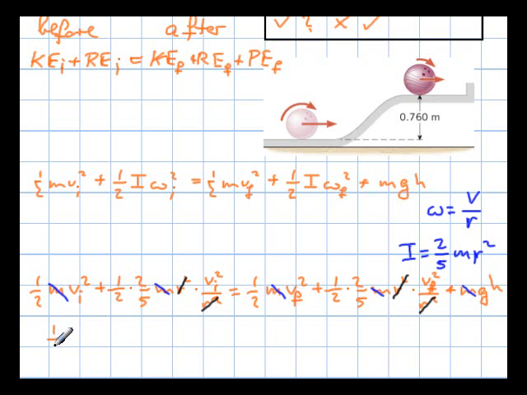Here's what I'm going to write: 1/2 times v_i squared, and over here it's 1/2 times 2/5 times v_i squared, and that means that both of them have a 1/2, and then this one here has a 2/5, and of course this one here has 5/5. So keep that in mind: 5/5 over here plus 2/5 over there, and that of course is 7/5.